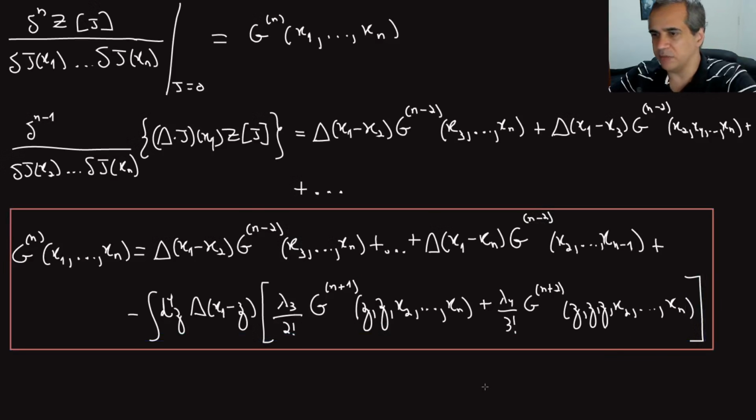So notice that what appeared here first is a relation between Green functions with a different number of external points, right? Green functions of different number of variables, n minus 2, n plus 1, n plus 2 here.